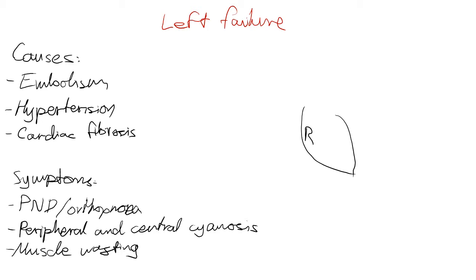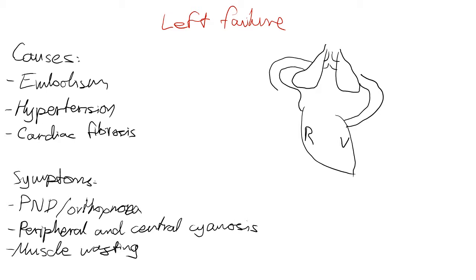So if I have the right side of the heart here and the left side of the heart, and we have the lungs, so the left lung and the right lung, so the trachea is here, and let's just do a very crude diagram of the pulmonary vessels.